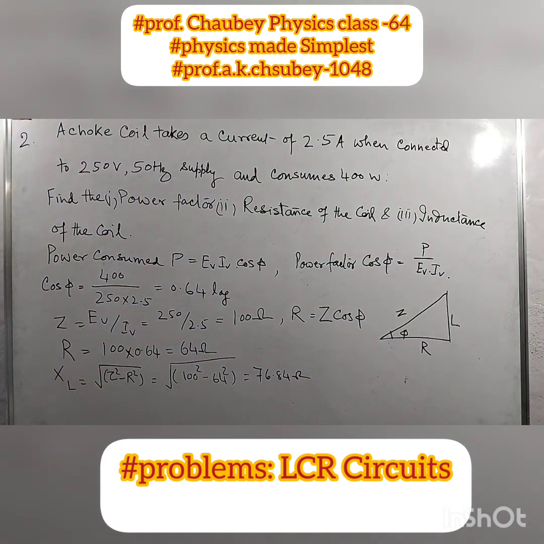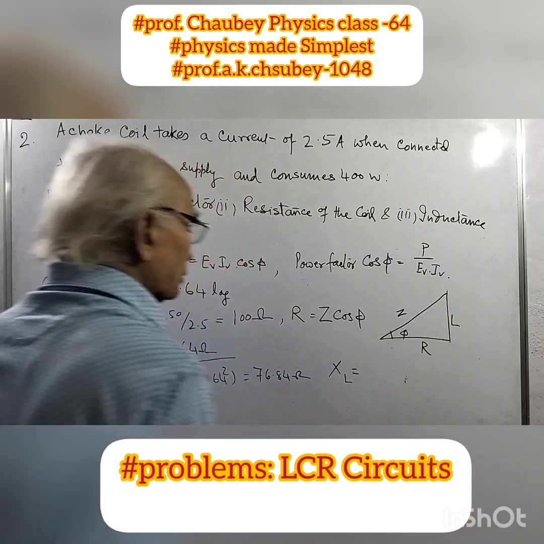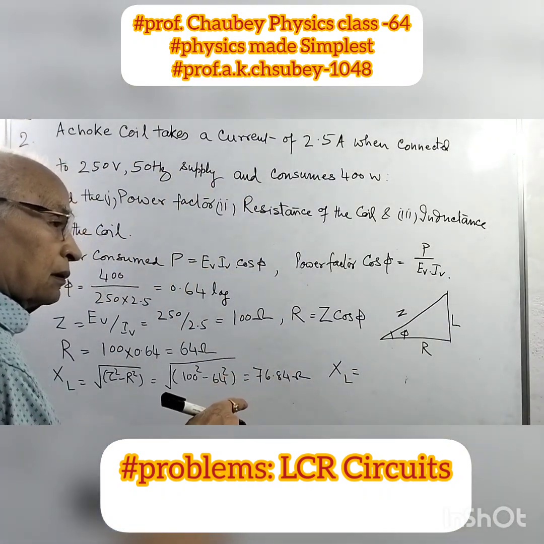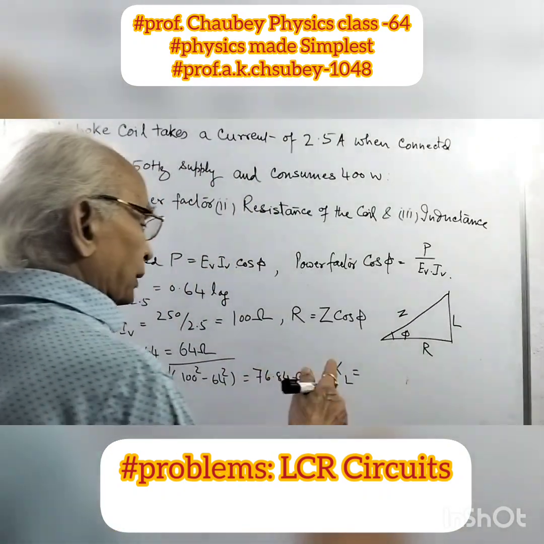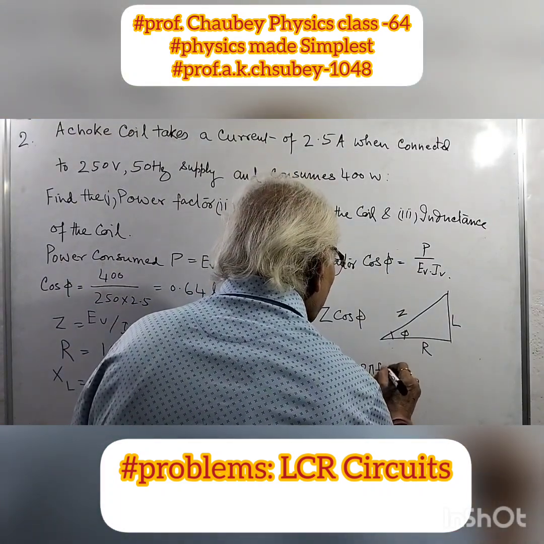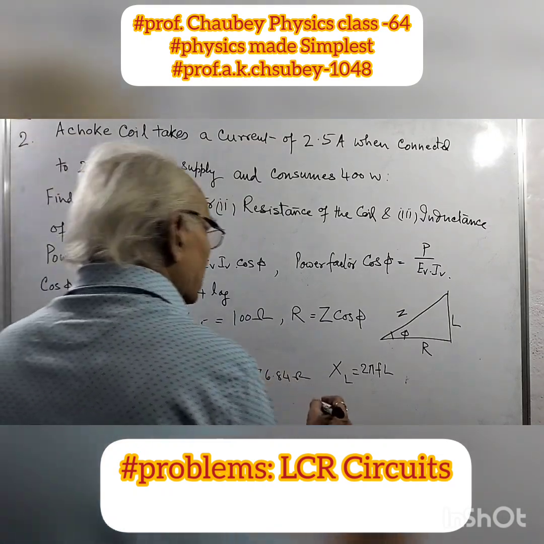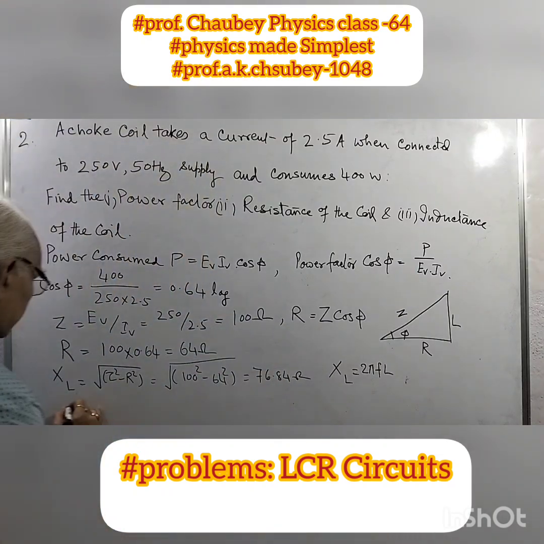Now we know XL is given as 2 pi f L. So you can find out the value of L. That is L is equal to XL over 2 pi f.